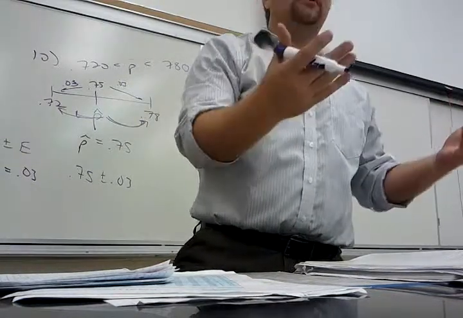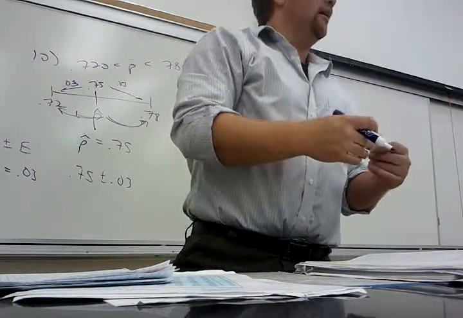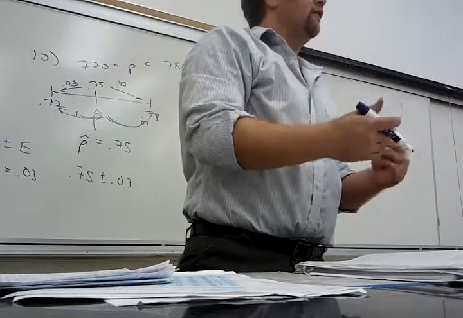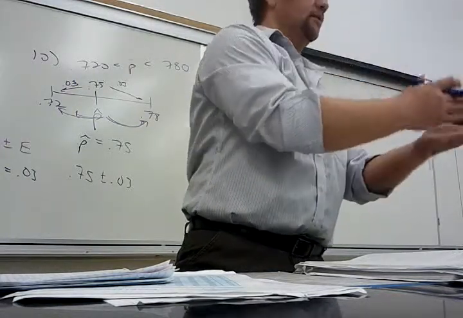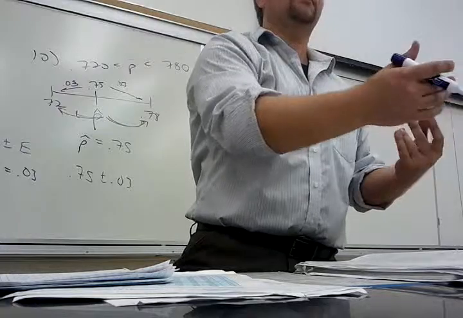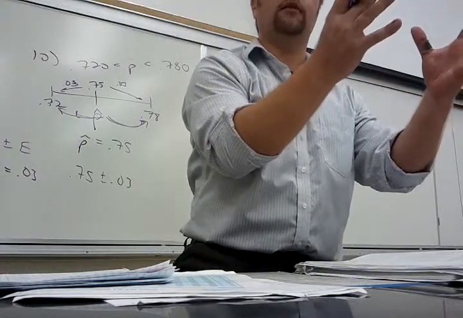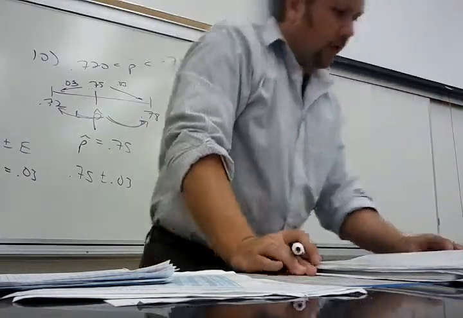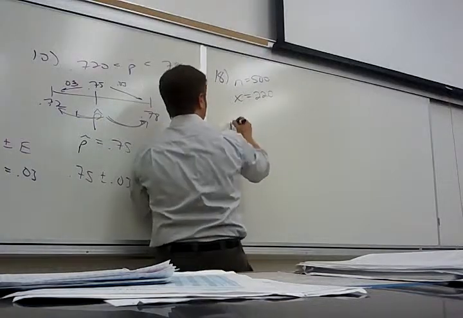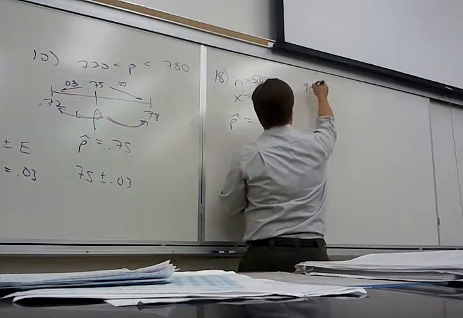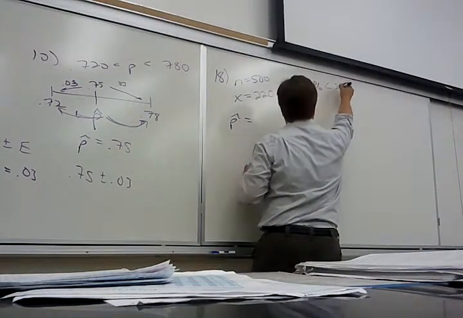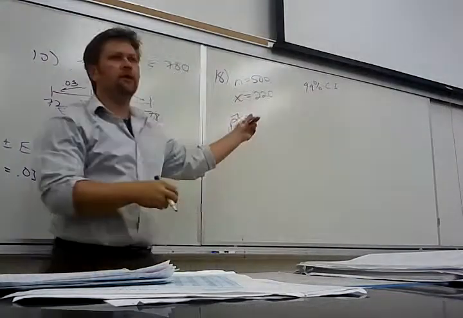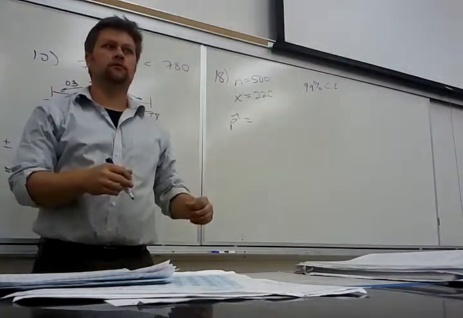So if I asked people if they're left-handed, and I found 220 out of 500, 220 would be the number of successes, the number of people that said yes. It's the number of whatever I'm looking for, right? So how do I calculate p hat from that? How do I calculate p hat from what I know?